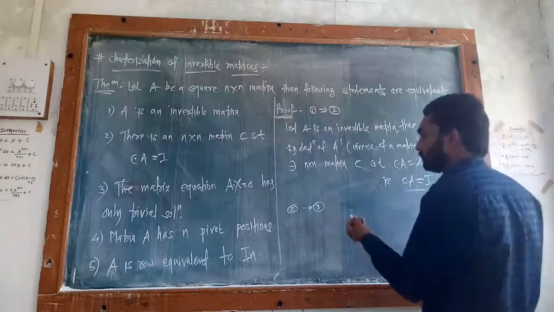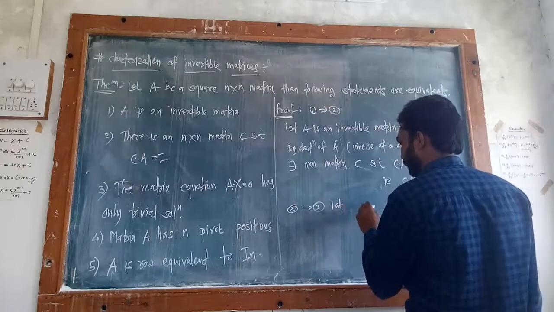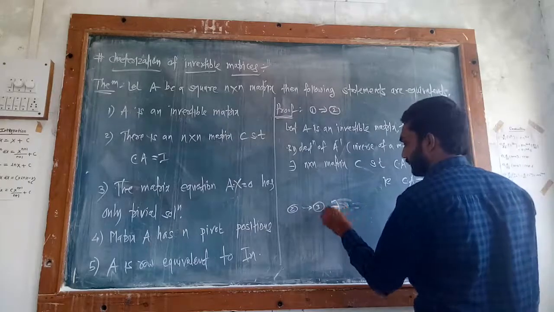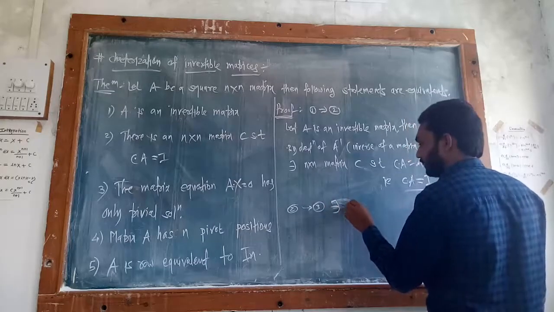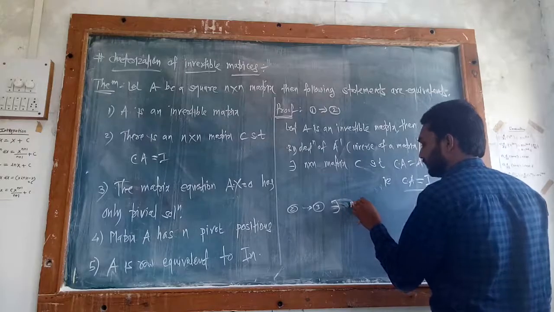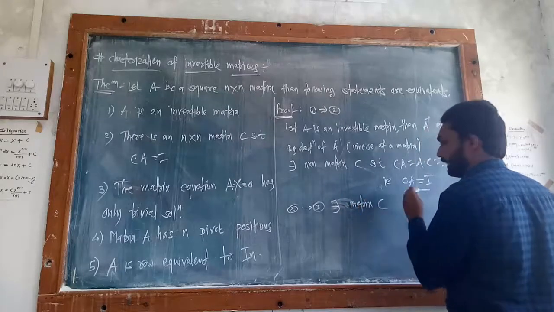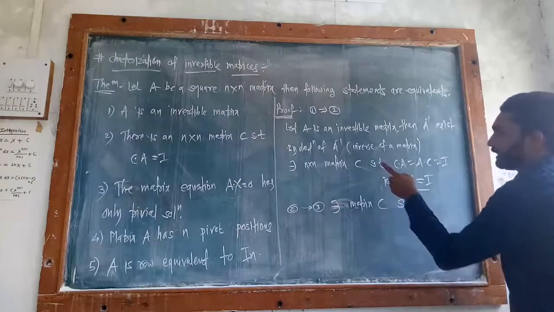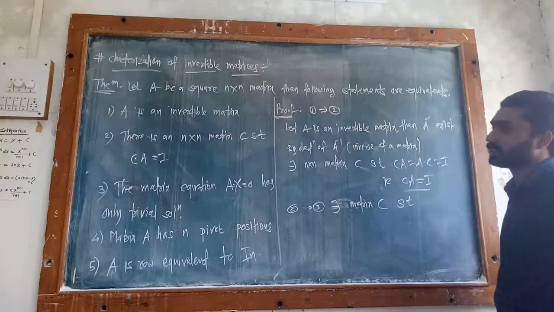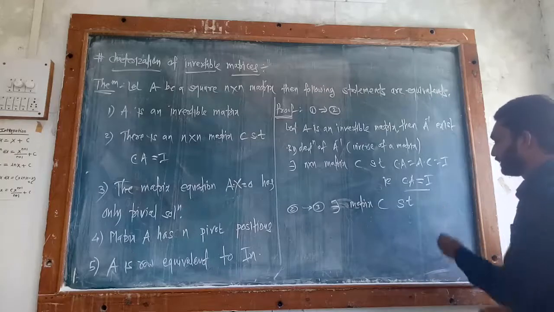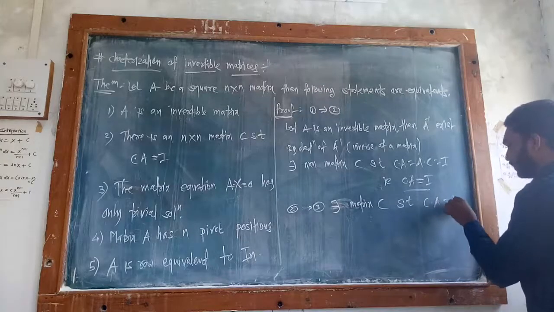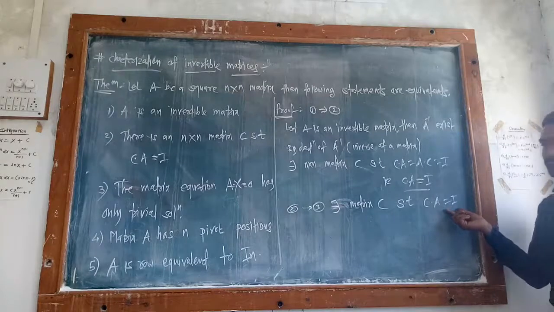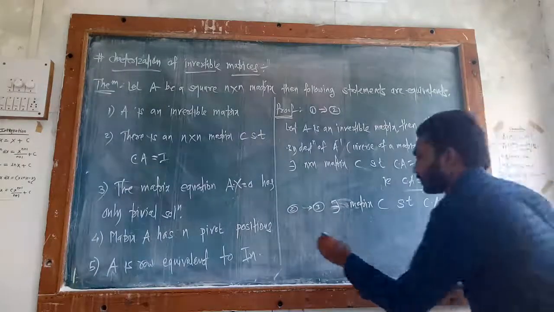Here there exists an n cross n matrix C such that C into A equal to identity.